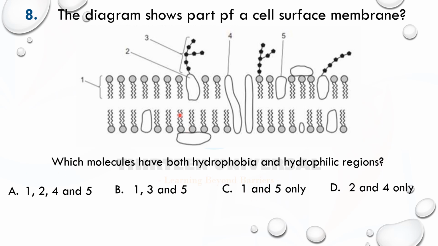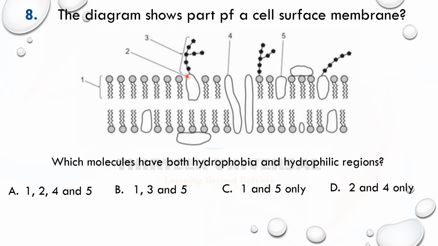Number two is this protein. This part of the protein is facing towards water, so the part facing water is hydrophilic. The parts that are embedded within the phospholipid bilayer are hydrophobic, because they are embedded inside the hydrophobic core.